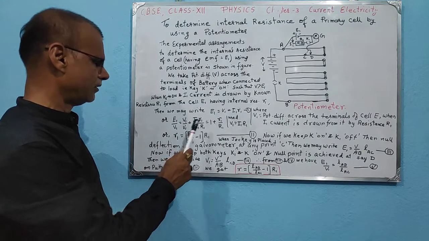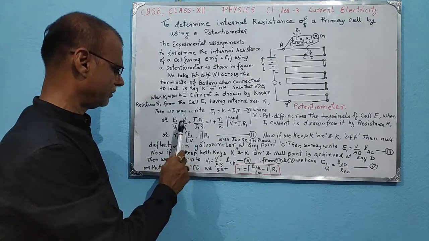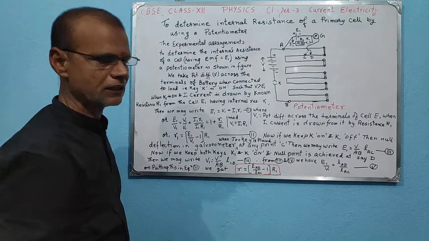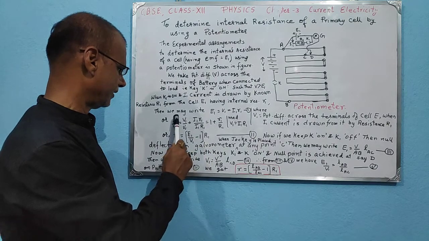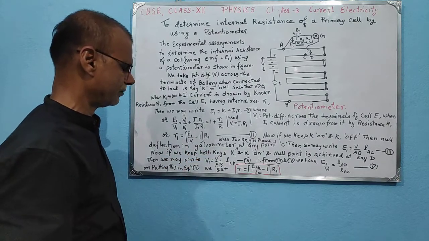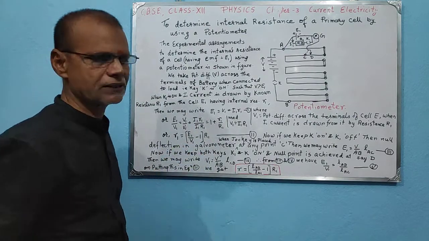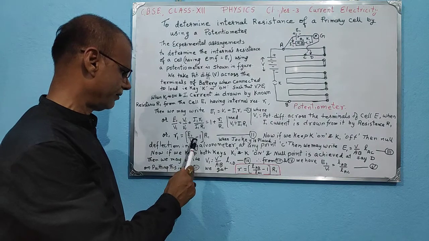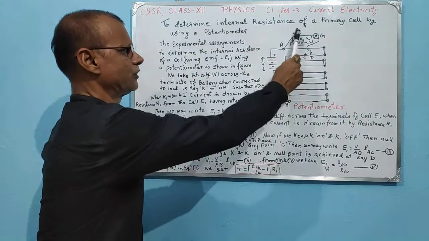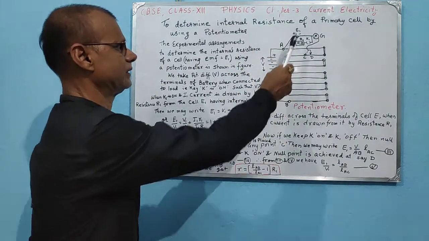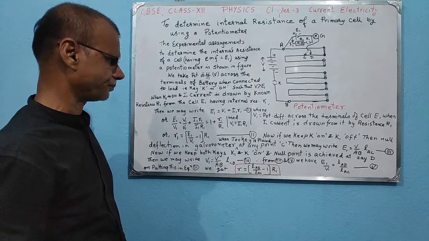Now if we divide both sides by V1, we get E1 by V1 is equal to V1 by V1 plus I1 R2 by I1 R1. Here I1 cancels, and we are left with E1 by V1 is equal to 1 plus R2 by R1. Arranging this expression, we have internal resistance R2 equal to E1 by V1 minus 1, within the bracket, multiplied by the load R1 attached to the cell E1. Let us call it equation number 2.